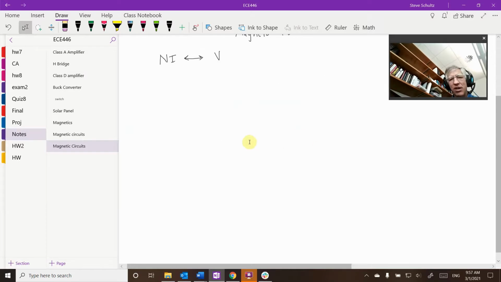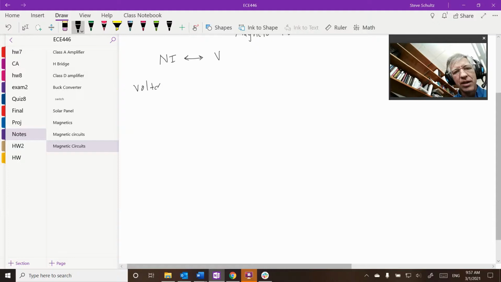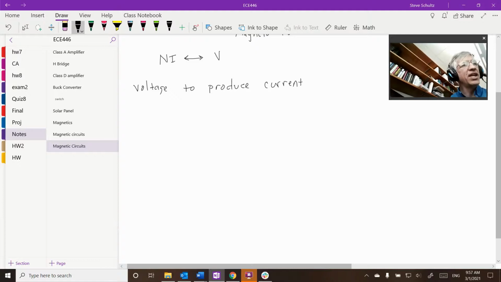Okay, so let's keep going on our electric circuits. In an electric circuit, we use the voltage to produce a current. Well, how do we get that to produce the current?